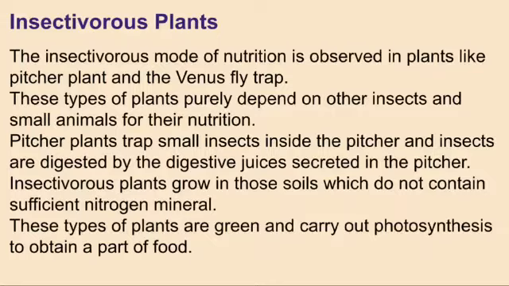These plants are green and carry out photosynthesis to obtain a part of their food. Even though the plant is green, its soil does not have nutrients like nitrogen, which is very important for growth. So to fulfill the requirement of nitrogen, they eat insects.